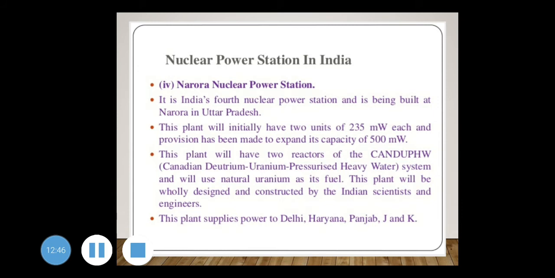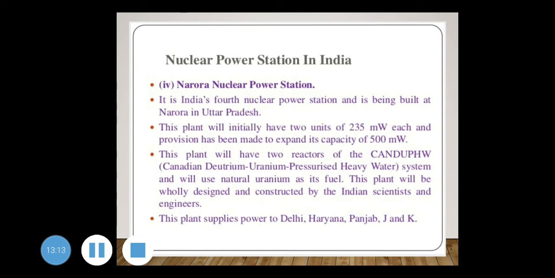Now the Narora nuclear power station. The Narora nuclear power station is placed in UP. It has two units, each having 235 megawatts capacity, and there is a provision to increase it in future to 500 megawatts.